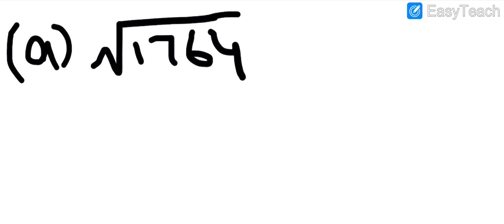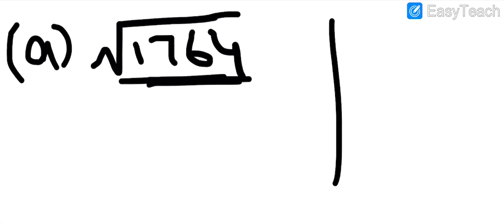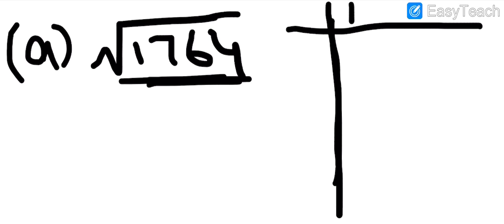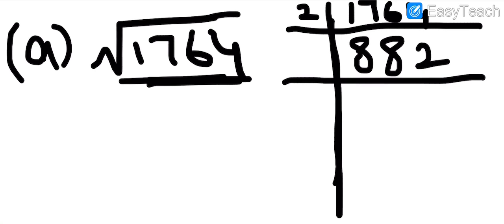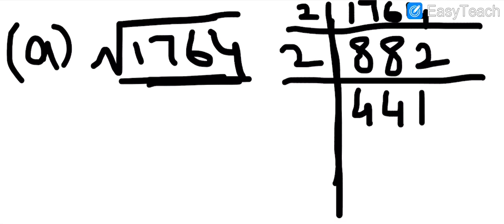Again, same process. We'll just take this number. It's an even number, so we'll start with 2. 1764 divided by 2: 8 2s are 16, 2 2s are 4. I hope you know the tables. At this age you must. 4 2s are 8, 4 2s are 8, 1. Okay.